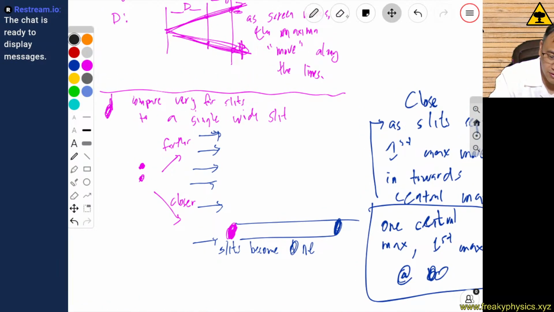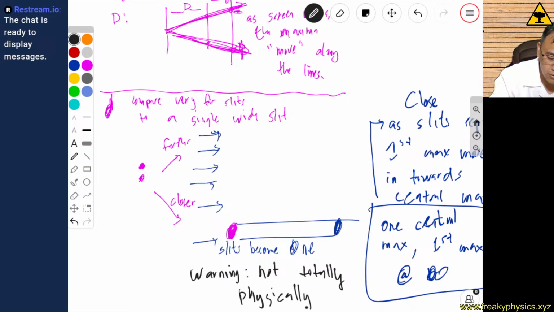In this, I want to add a warning: not totally physically accurate. However, it's a good visual, and that should help you remember which one is which.